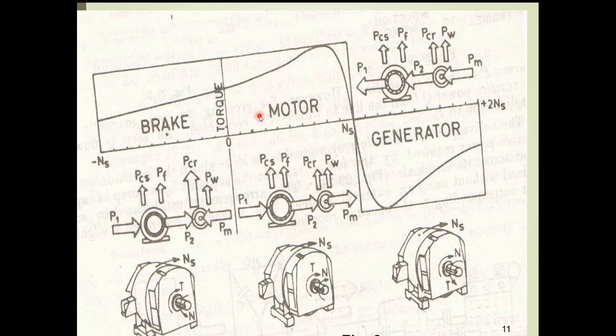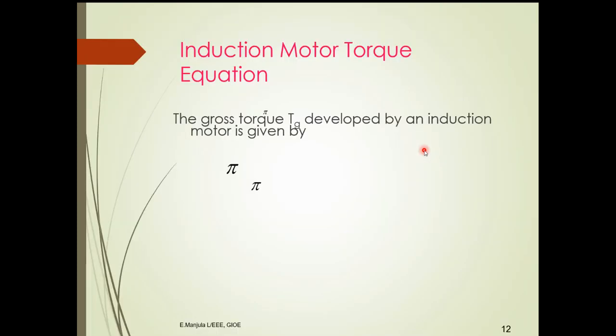In the negative speed region, this motor will run in a braking mode. In the motor mode, the electrical power input will be taken and the output will be mechanical power. In the generator mode, the mechanical power will be taken and the output will be electrical.